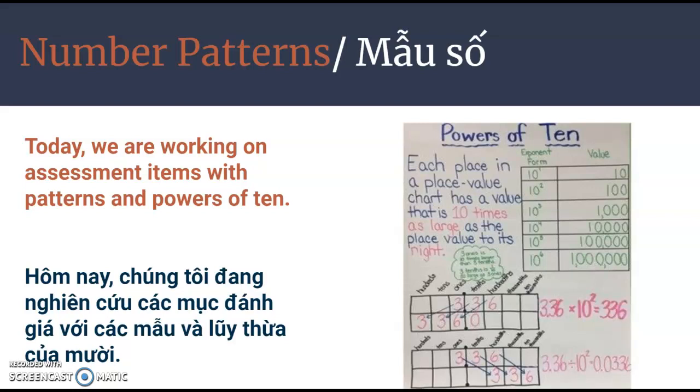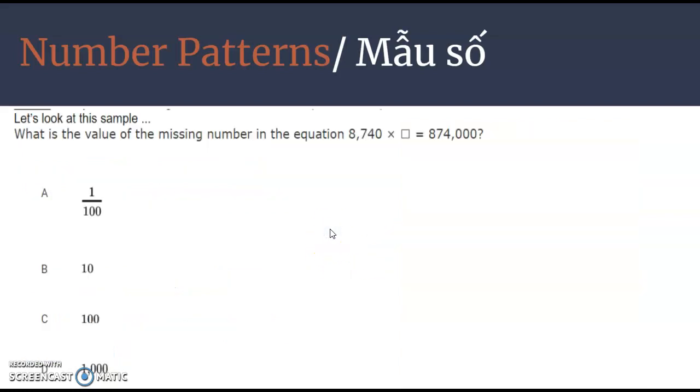And how do we ask and answer questions that have the patterns of zeros with the exponents and the power of 10? Okay, so here's our first question. What is the value of the missing number in the equation 8,740 times blank equals 874,000.